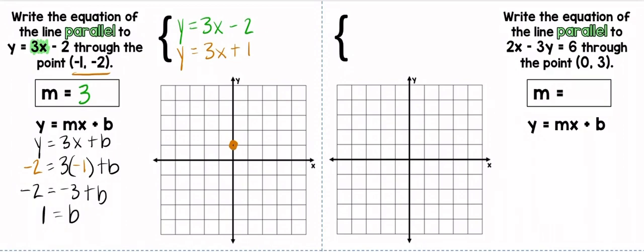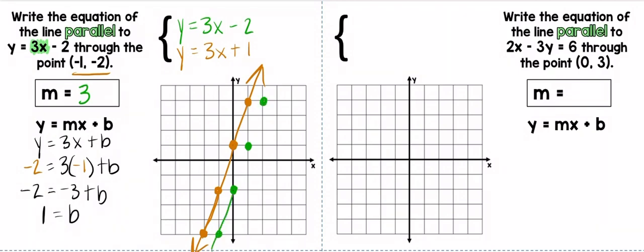So I'm going to graph my second equation. My y-intercept is 1. Going up 3 to the right 1, or going down 3 to the left 1. I'm going to draw my line straight through all the points. Okay, and then my green equation, my y-intercept is negative 2. My slope is 3 over 1, so I'm going to go up 3 over 1, or down 3 and to the left 1.